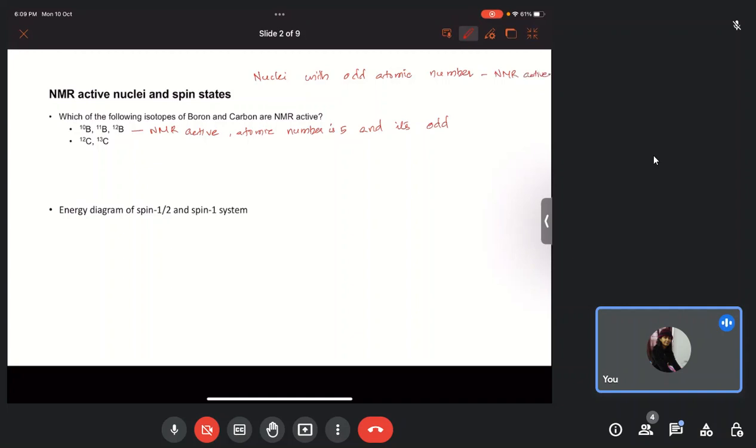So that's why all isotopes of boron are NMR active. Based on their natural abundance, we'll see the NMR signals of these isotopes.